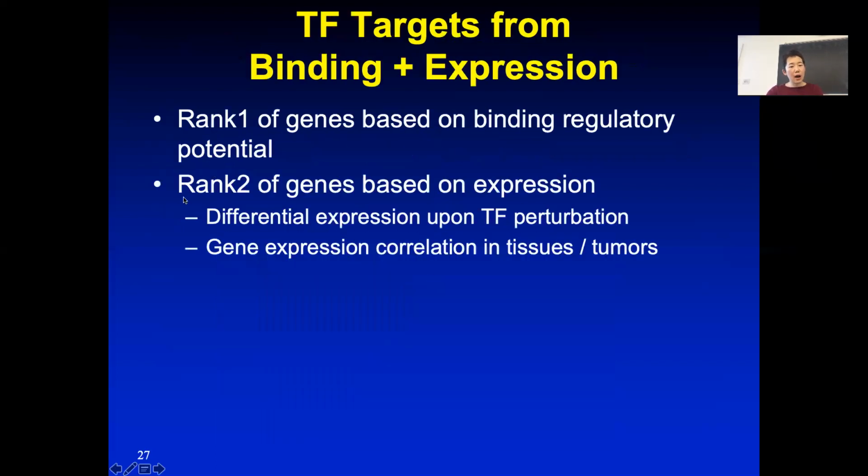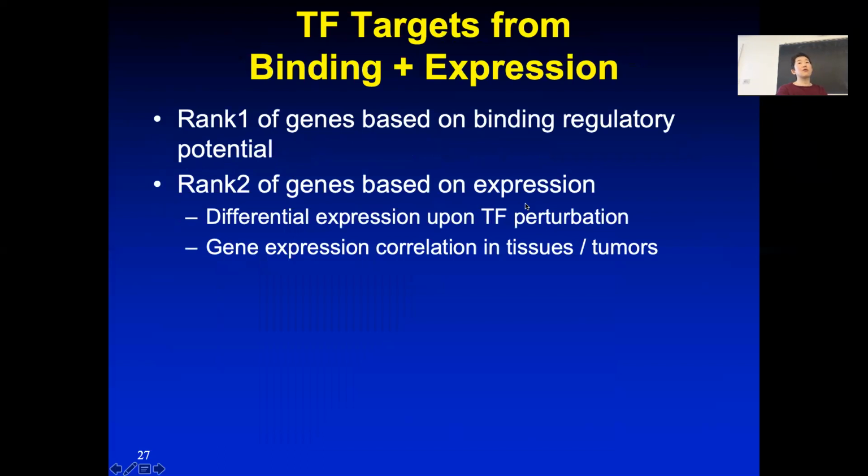But then we can also rank the genes based on expression. For example, very often people do ChIP-seq in a cell when the transcription factor is active. But then they also do two different gene expression experiments: one when the factor is active, the other when the factor is inactive.